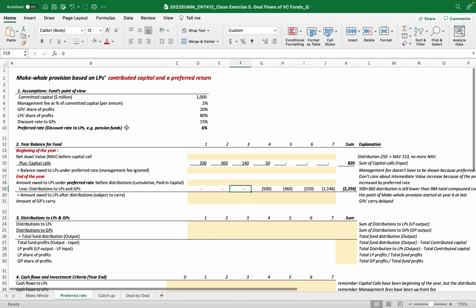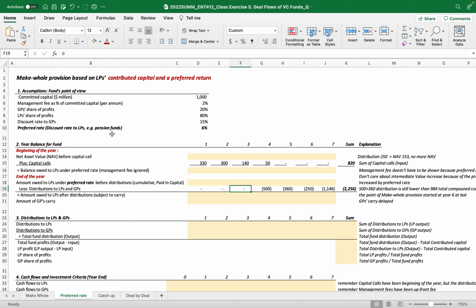Okay, here the make whole provision is based on LP's contributed capital with a preferred return, right? So LPs want to reserve some percentage of the rate of return from the venture investment. For example, pension funds require some rate of return.